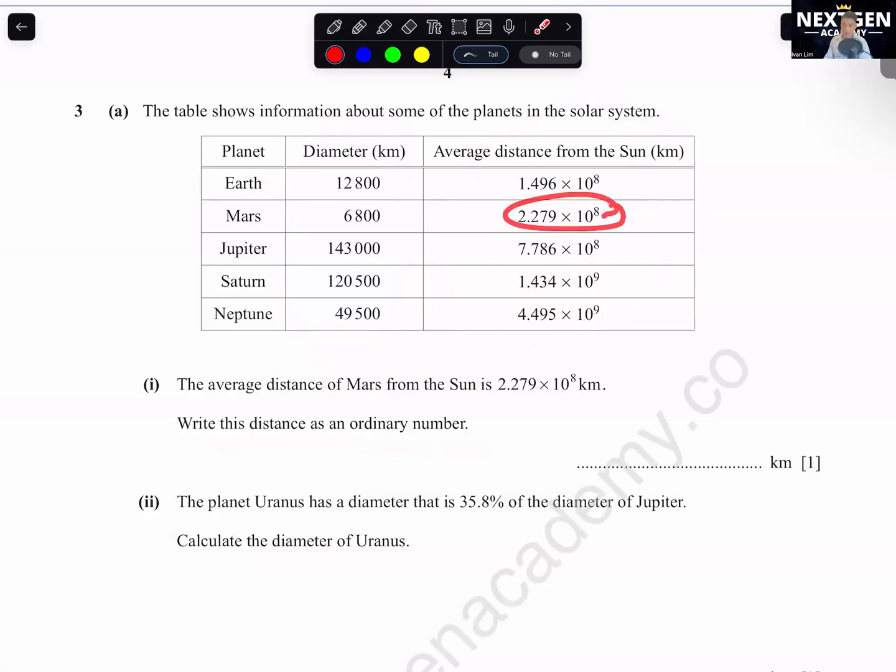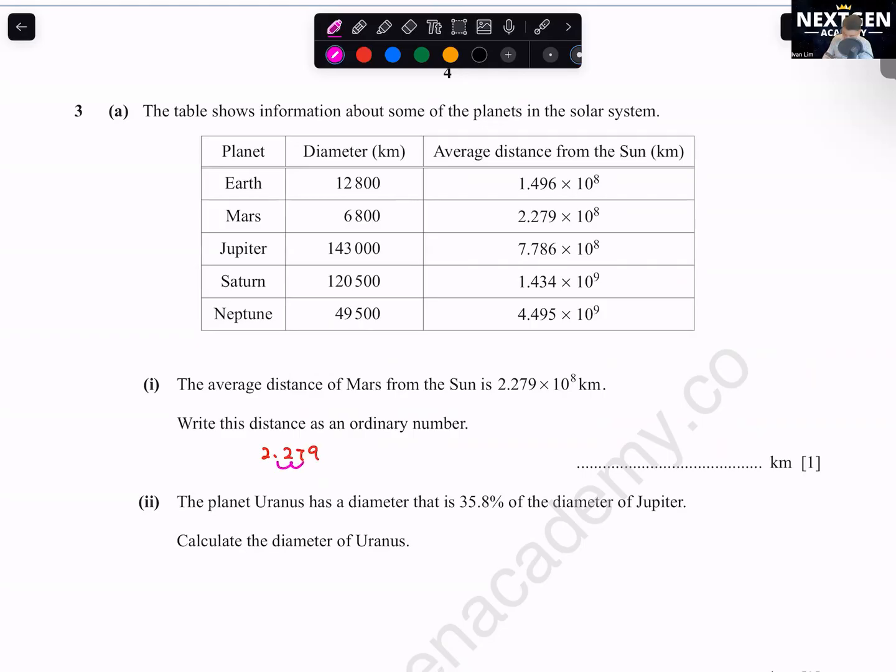Do you know how to write this as an ordinary number? Even if you don't, use your calculator. You all have access to a calculator, right? You type 2.279 times 10 to the power of 8, and your calculator will show you that value. If you are a bit scared, just use your calculator to double check it. Otherwise, you can do it like this. 2.279, you move 8 spaces to the right.